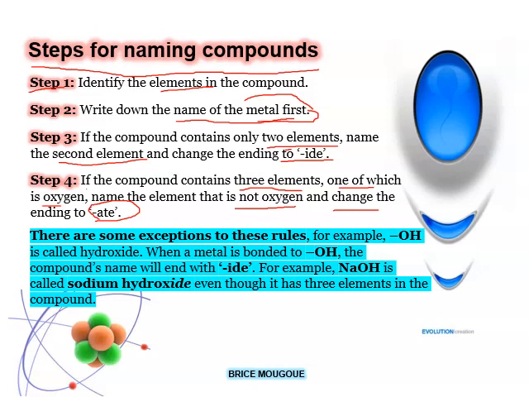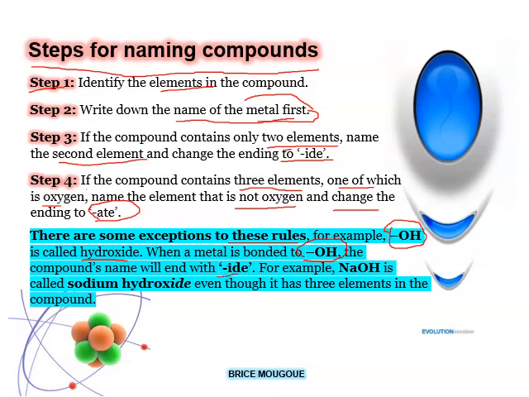Now, there are some exceptions to the rules that we're following to name these compounds as 4 steps here. For example, if we are faced with an OH group in a compound, the OH group is called the hydroxide. And if a metal is then bonded to the OH group, the compound's name will end with "ide".